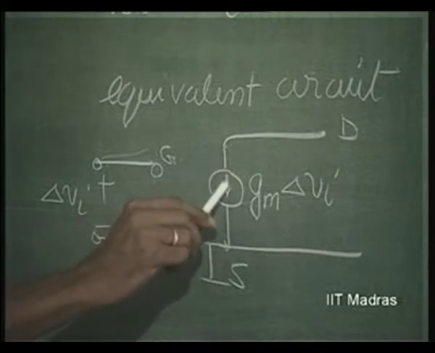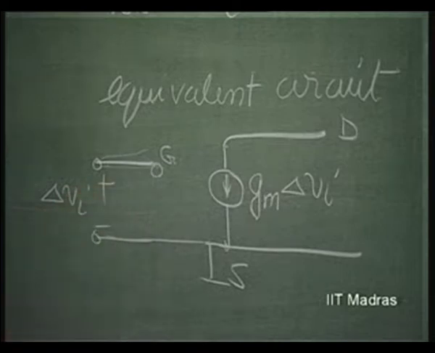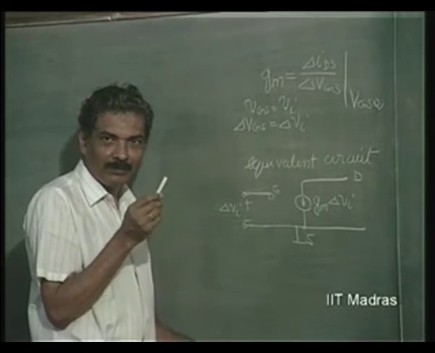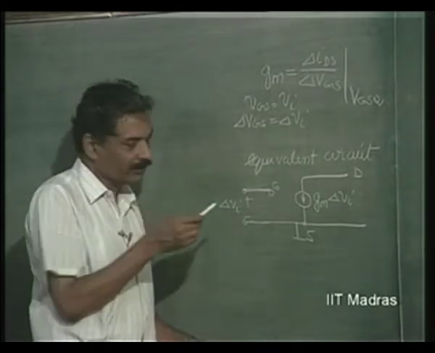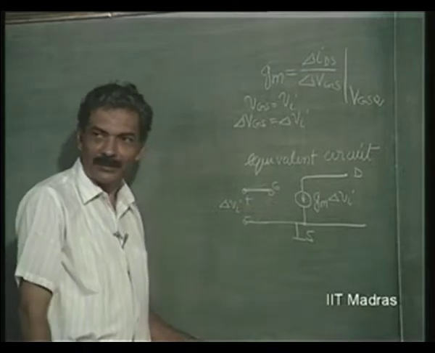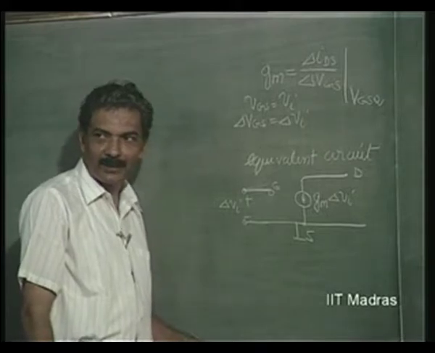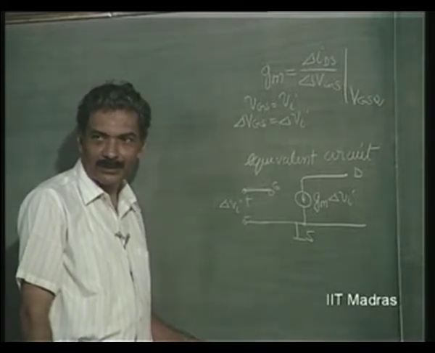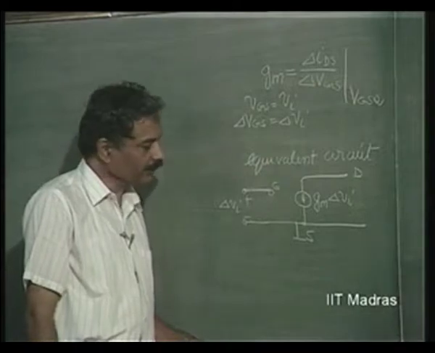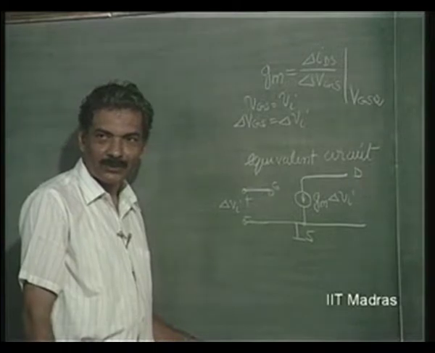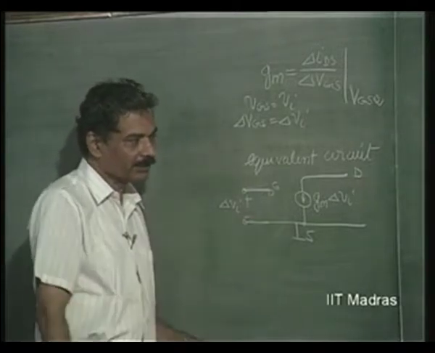So this current was very nearly 0, which really means that if you take an ideal transistor with beta infinity or alpha equal to 1, even this impedance would have been infinity. But in practice it is not infinity, it is of the order of a few kilo ohms, whereas in the case of a field effect transistor it is of the order of tens of mega ohms. So you can keep it as an open circuit.